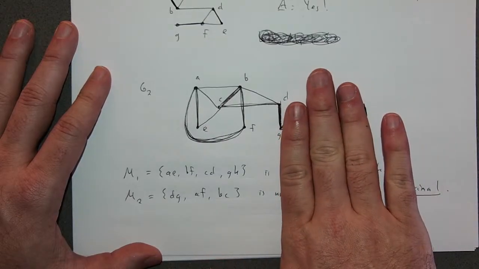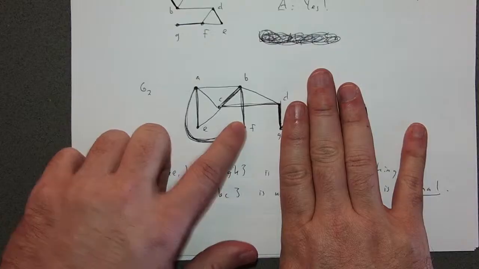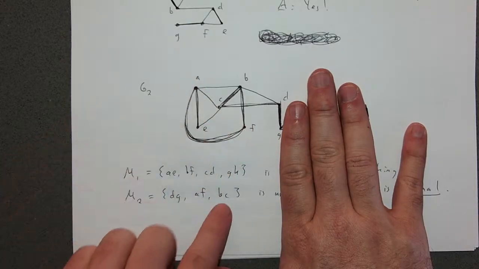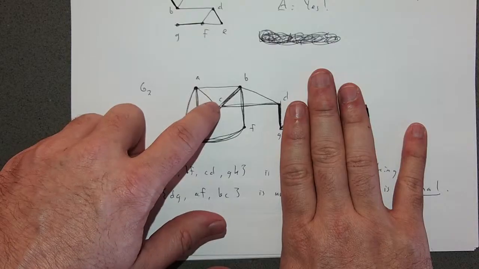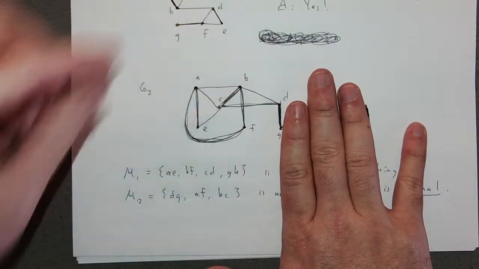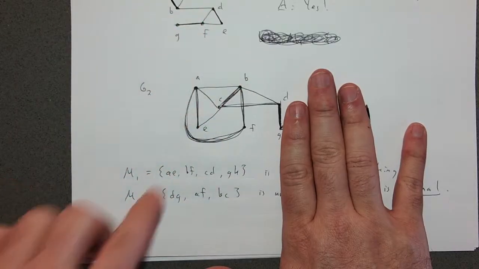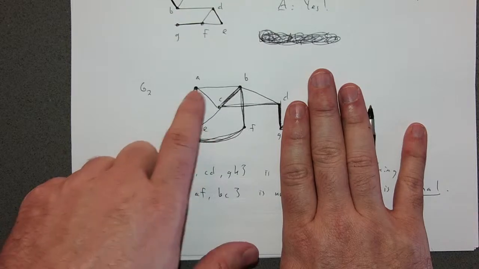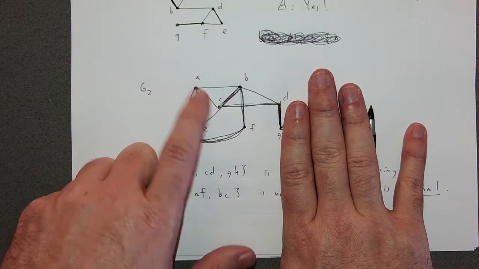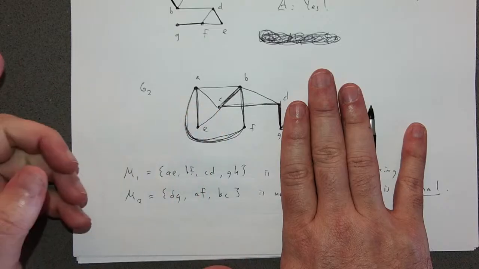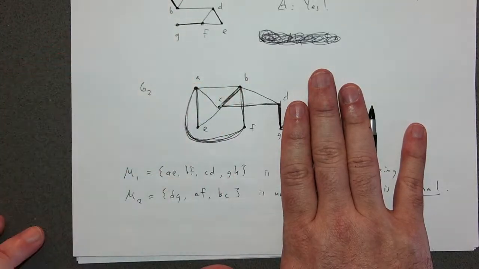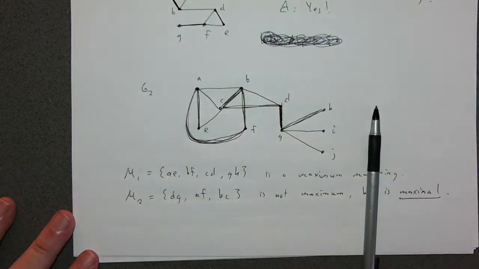Okay. Because I have AF added, I can't include any edge that has A or F as a vertex. And because B and C are added, I can't include any edge that has B or C as a vertex. And that really limits what I can do here, right? Because this E is adjacent to A and C, and that's it. So that edge is removed. This other edge I can't throw in, this edge I can't throw in, because D is included here.